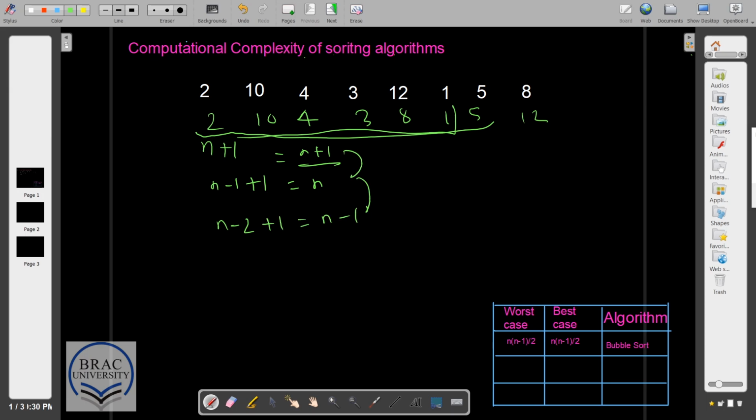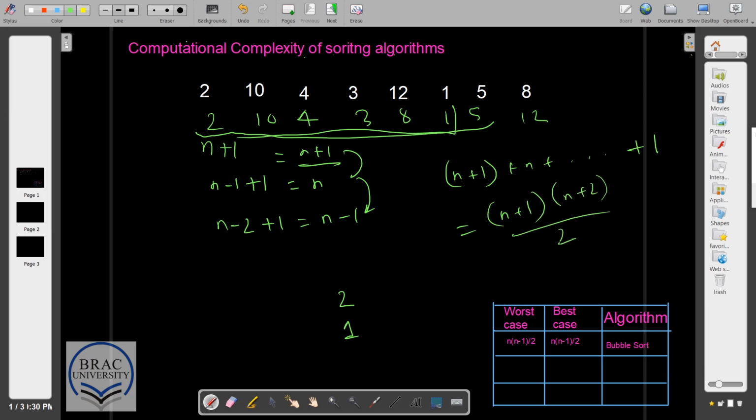Every time the number of operations being done is decreasing by 1. So at some point this becomes 2, 1. The sum of n plus 1 down to 1 is n plus 1 into n plus 2 by 2.